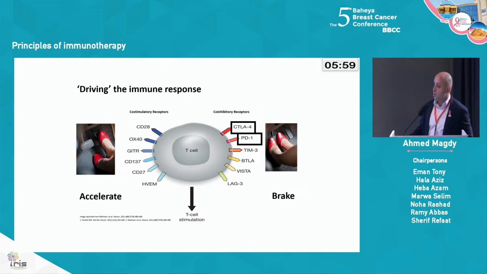And this, to tell you the truth, yes, this is the data now, and this is the new trend in oncology, but we're only talking about CTLA4 and PD-1. Now we're working on the TIM3, the BTLA, the VISTA, and the LAG3, and now we have already initial trials tackling those.